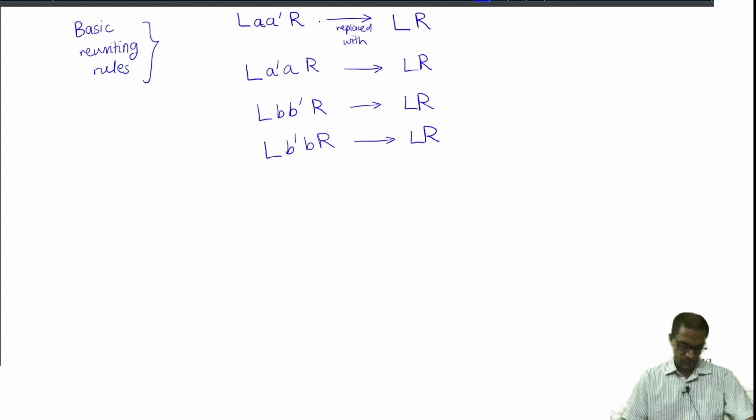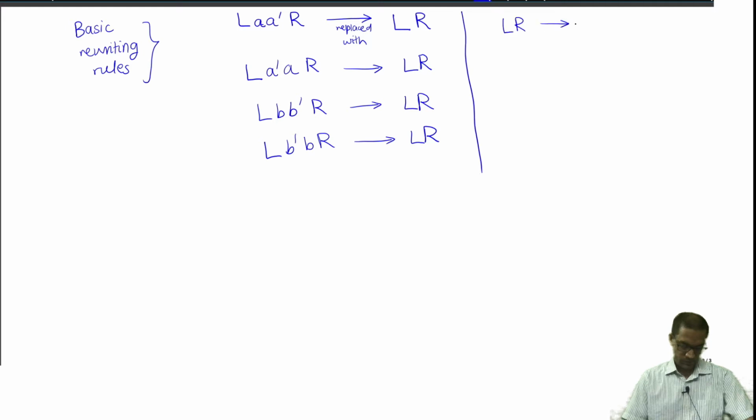These are called the basic rewriting rules, and these are 4 of them. Now there are 4 more which are just the same rules in reverse. Not only are you allowed to delete an a prime or an a prime a from a word, you're also allowed to introduce that if you want. So here are 4 rules, and the other 4 are just the reverses of them.